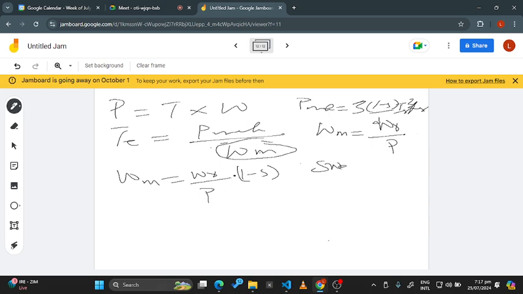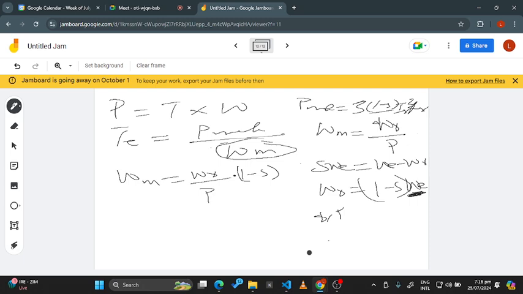And we know S omega e is equal to omega e minus omega r, so omega r equals (1 minus S) omega e. The reason why we want to write this in terms of the synchronous speed is that once I know the supply frequency and the number of poles, I can determine the synchronous speed.